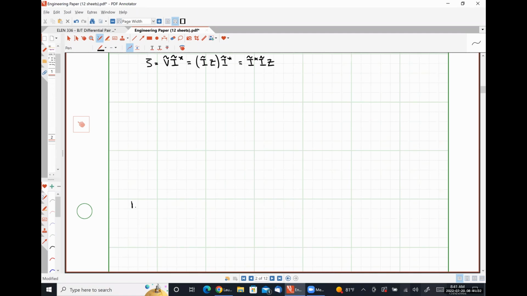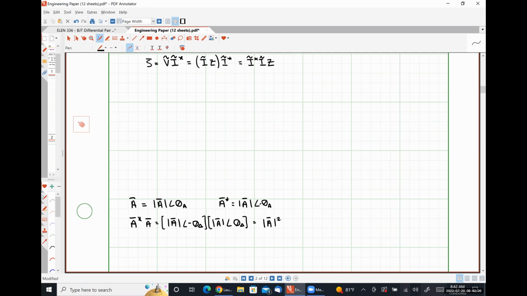But if we have a complex number A, where we have the magnitude of A with a phase angle of theta A, then A conjugate would be the magnitude of A with an angle of negative theta A. So A conjugate times A would be magnitude of A angle negative theta A multiplied by the magnitude of A angle positive theta A, which comes out to be just the magnitude of A squared.